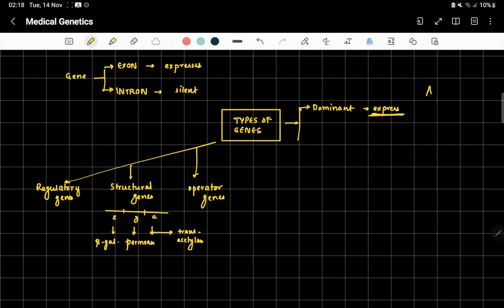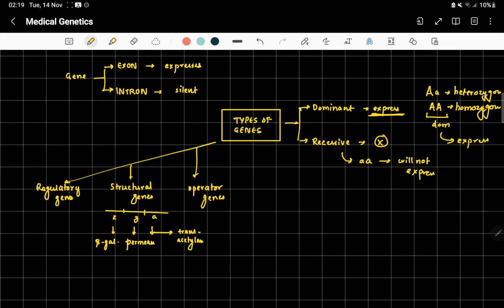Like in plants we have AA, which is homozygous, and Aa, which is heterozygous, but both are dominant genes, so they can express. And then we have recessive genes which can't express, like aa. It will not express.